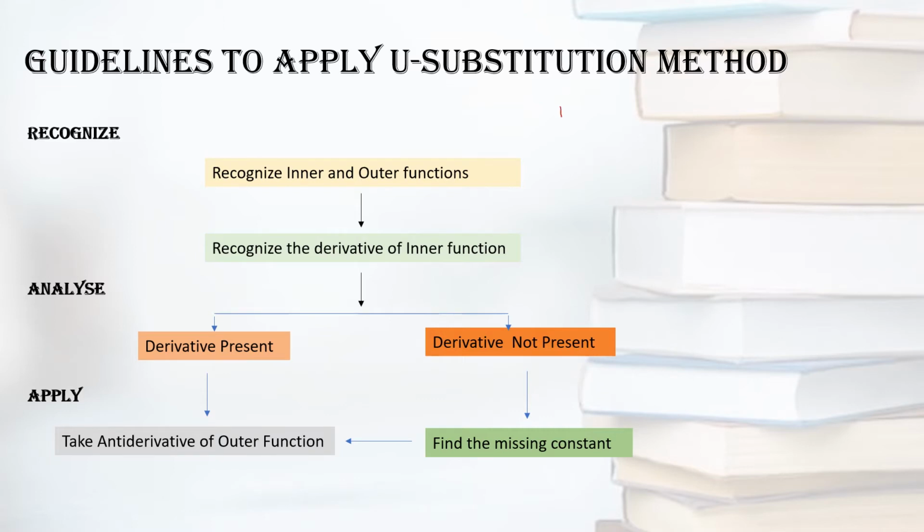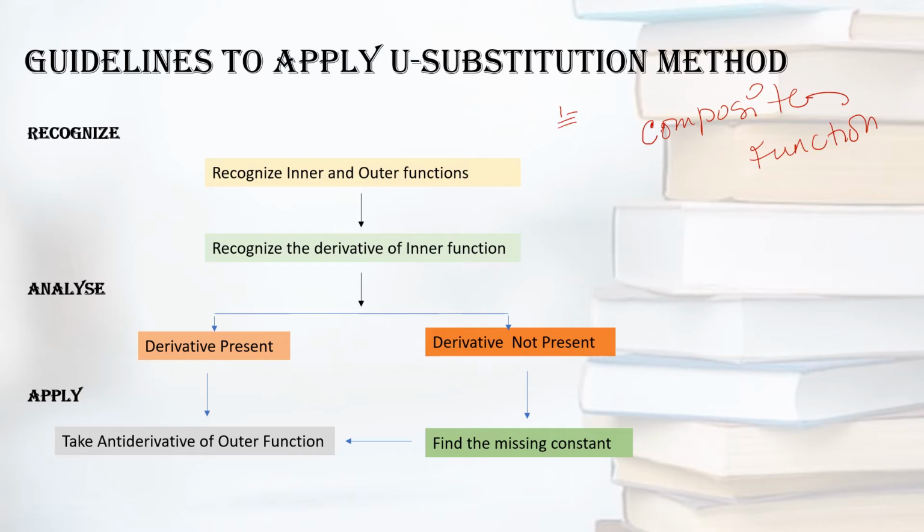So the first necessary step is that you can apply the substitution method if you have a composite function inside the integral sign. So the first thing is, what is a composite function or the complex function? Any function which is written in the form of f of g of x is said to be a composite function.